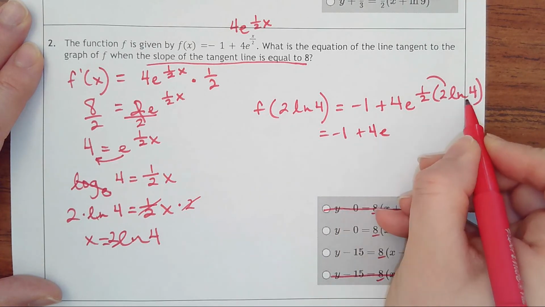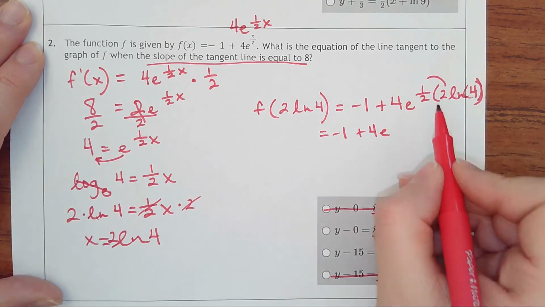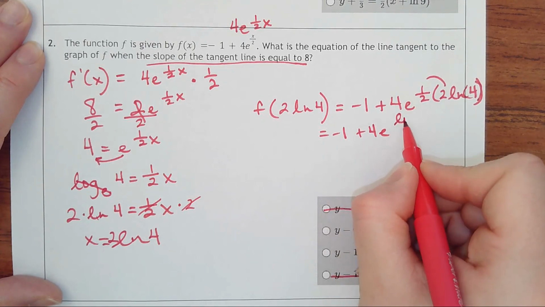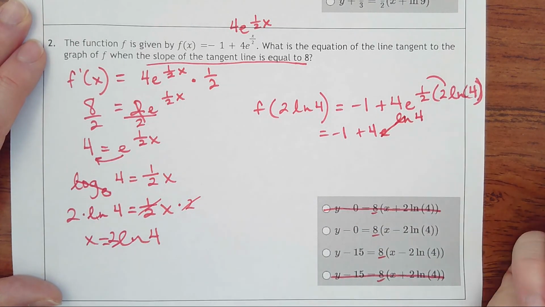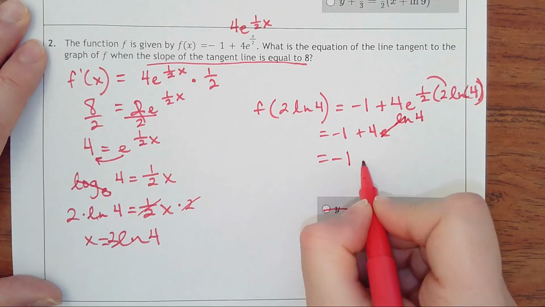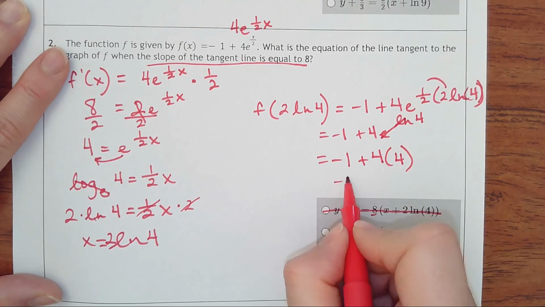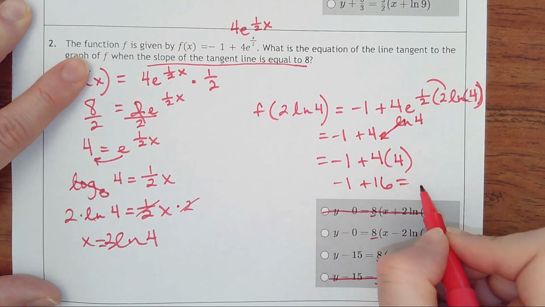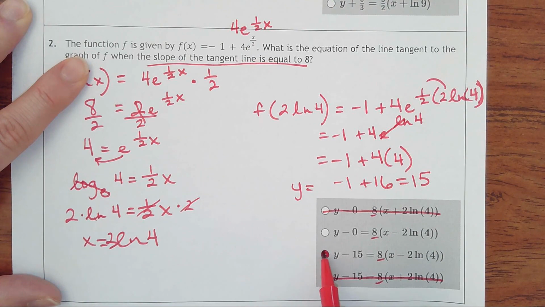We don't change the 4 because this is just an inner value, kind of like with cosine and sine, we don't change that. So 1/2 of 2 is just 1, so natural log of 4. And remember that e to a natural log power cancels. So this is really just saying -1 plus 4 times 4. It can be -1 plus 16, which equals 15. So y is 15, and this would be our final answer.